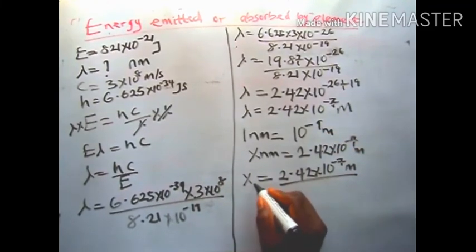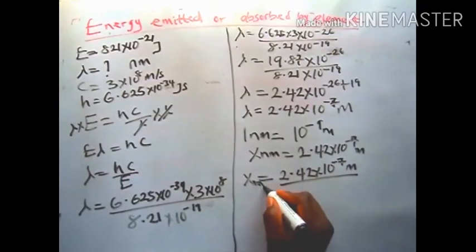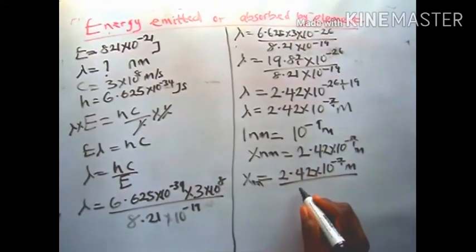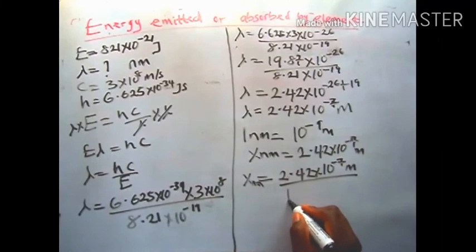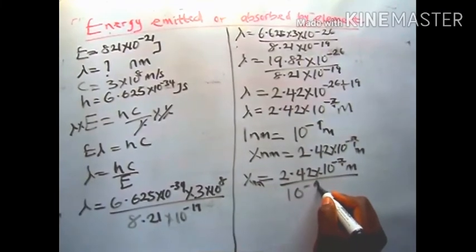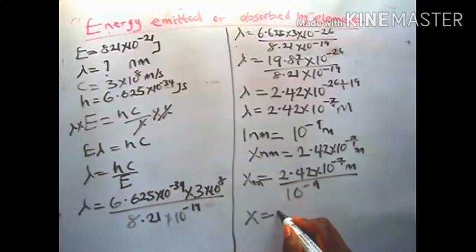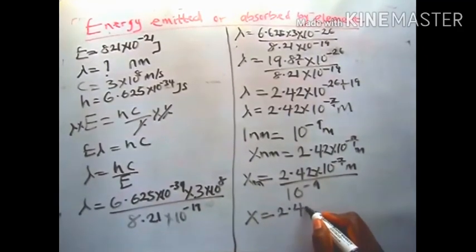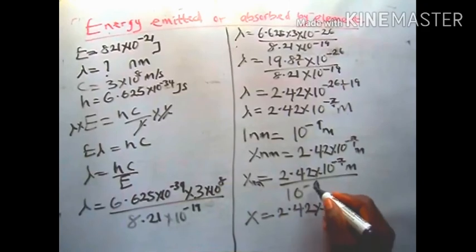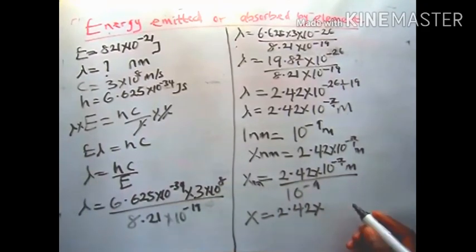No, this one is in nanometer. So this multiplied by this will have 10 to the minus 9. So when you do this now, we're going to have 2.42 multiplied by this, minus 7 plus 9.